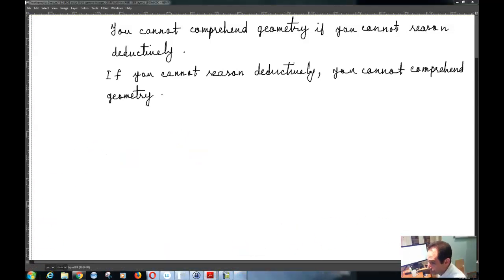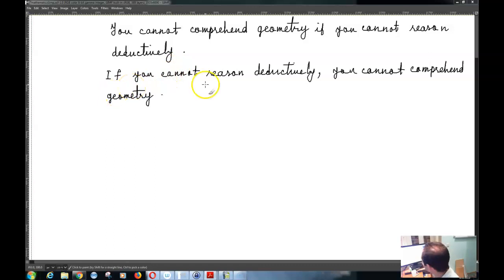Okay, so basically all I did was put this if clause in the beginning, and the then clause over here. So I haven't changed this thing at all yet.